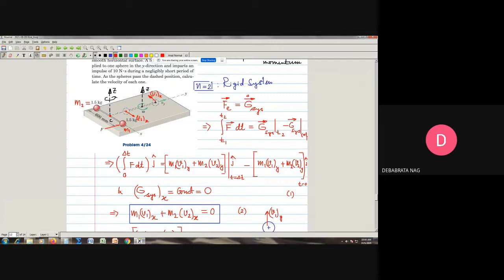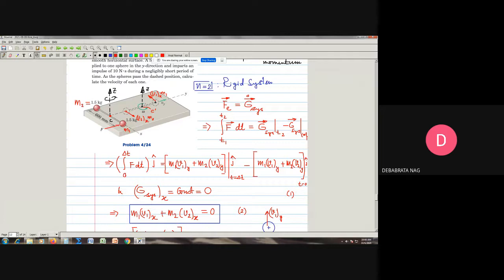So this effectively produces the angular impulse, and this will be the mass times the linear momentum. We can write m2, and this multiplied by m1 will give you the linear momentum along the x direction, and their moment about this center of mass, which we call c prime.